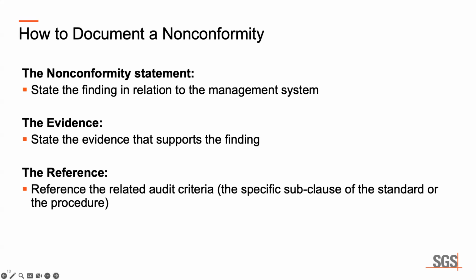The evidence, well, what did you look at to say that, hey, this is a nonconformance? So what is supporting that finding? You might say, you know what, our internal audits, we're supposed to be doing 5 a year. The evidence is we've only done 4. So where am I going to refer this?